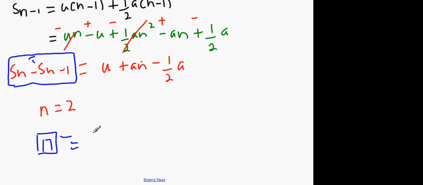Okay, so 17 equals, u stays the same. An is going to be 2a minus a half a. And what we're going to get here is u plus 1.5a equals 17. That is 1/2 of a simultaneous equation.